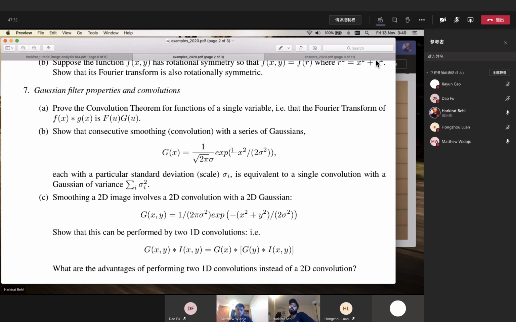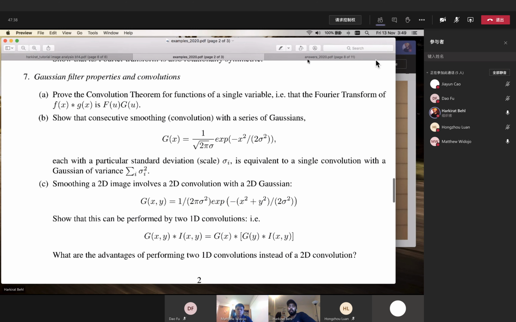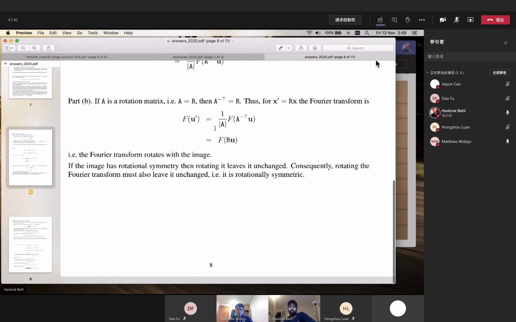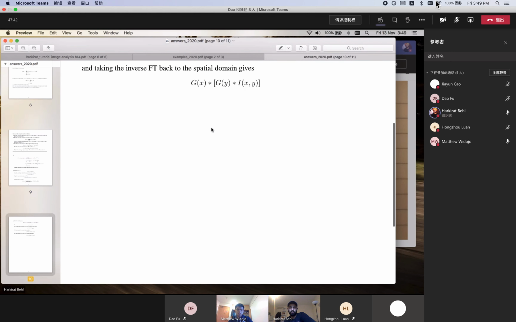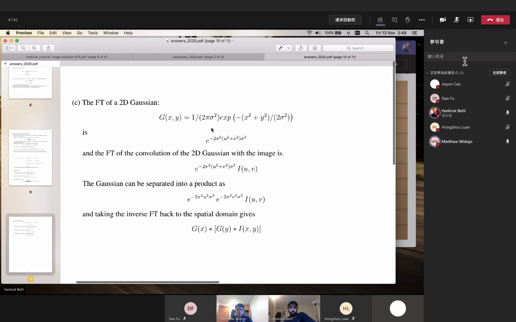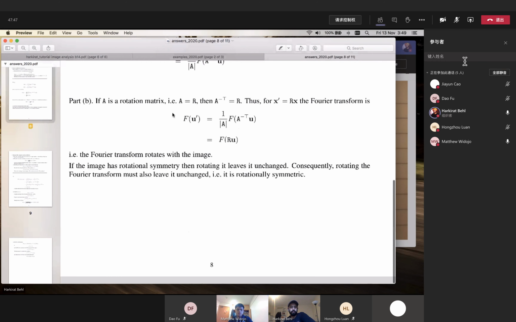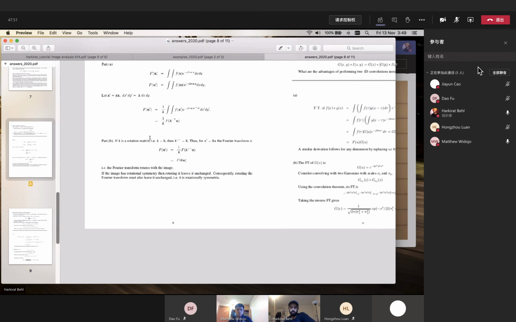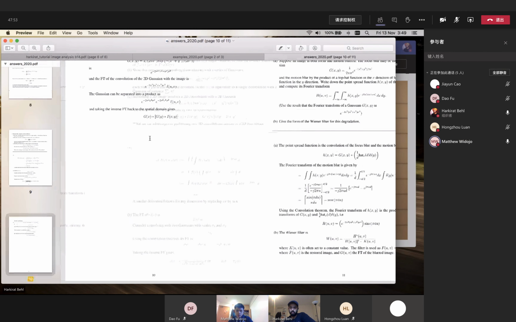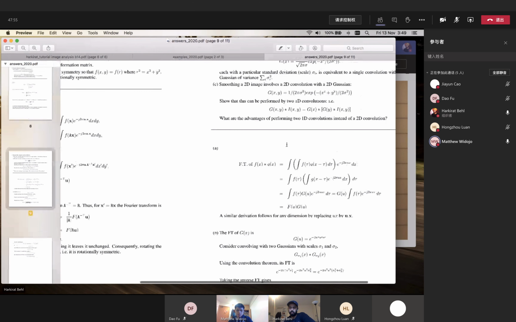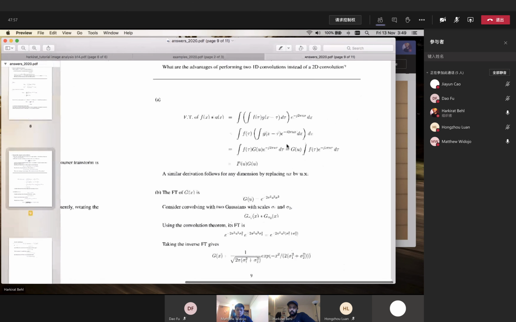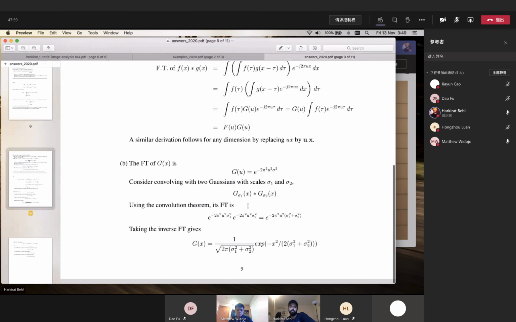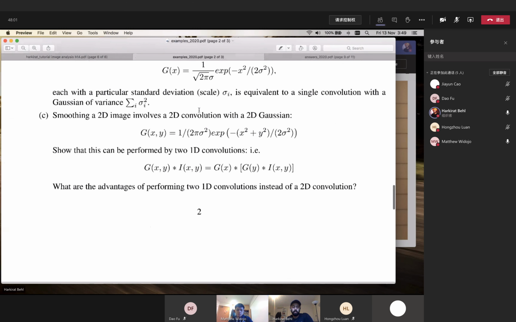Then you will multiply two exponentials. The terms on top will go into a summation, and that way you will be able to write it more clearly. If you want, I can show the answer, but I think most of you already did this correctly. Basically it becomes a sum in the Fourier domain.